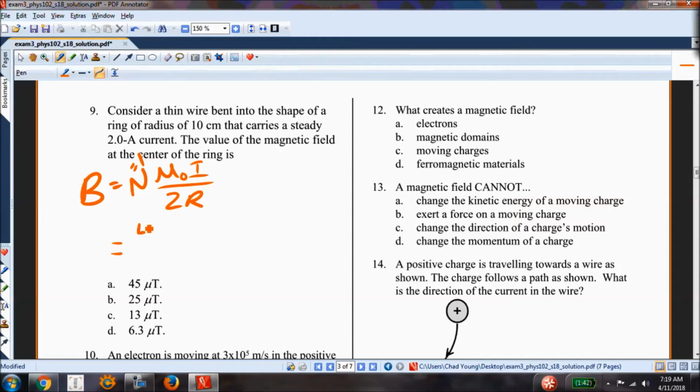equal to 1. So this is going to be 4 pi times 10 to the minus 7, I is 2 amps, and 2 times R, which is 0.1 meters, 10 centimeters. The 2 cancels there, and so I'm left with 4 pi times 10 to the minus 7 over 0.1.